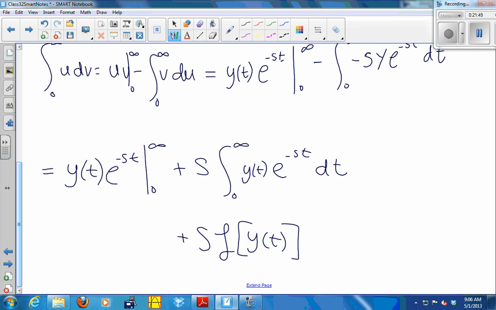But if s is sufficiently big, this one will win because y of t is bounded by some exponential function. So just take an exponential that grows faster, and we can make this thing go to 0. So when I plug in infinity, this goes to 0, and when I plug in 0, so I have 0 minus y of 0.